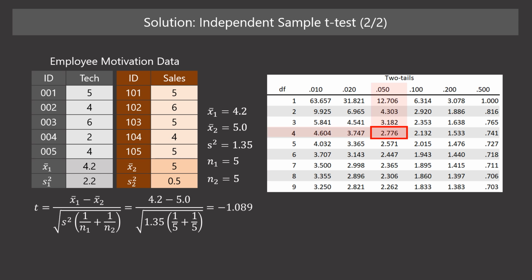The t-value at the intersection is 2.776. Its absolute value is larger than that of the t-value specified in the previous step, 1.089. So, we cannot reject a null hypothesis.